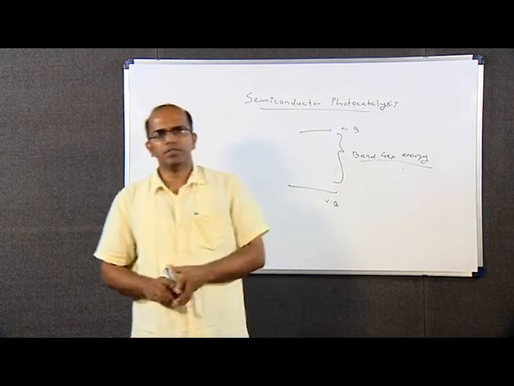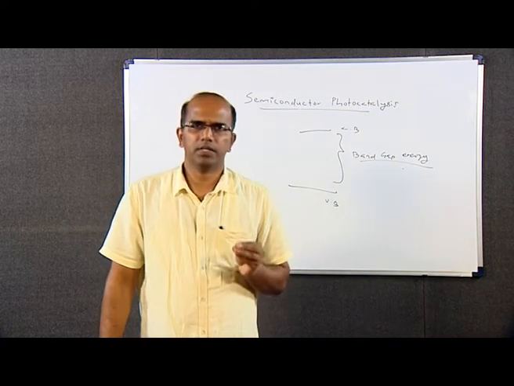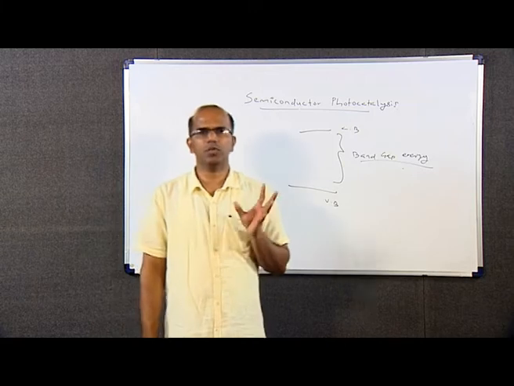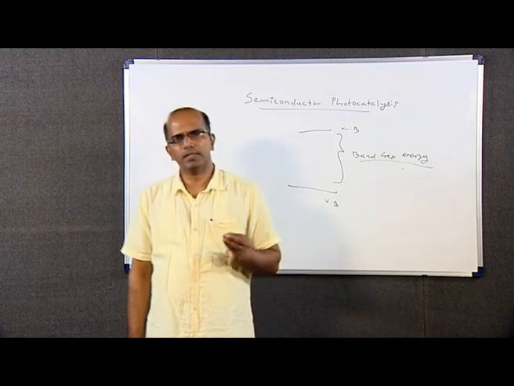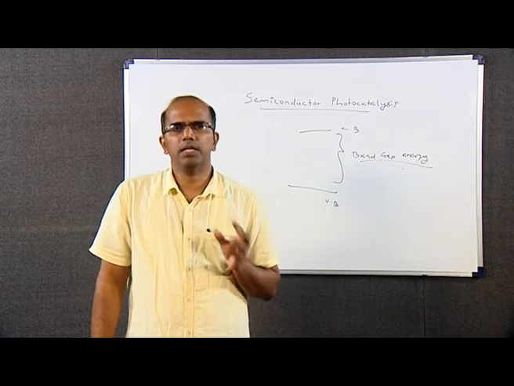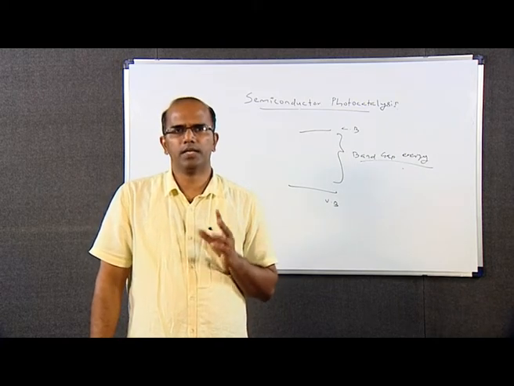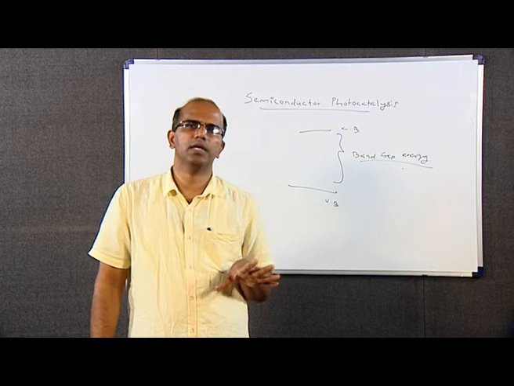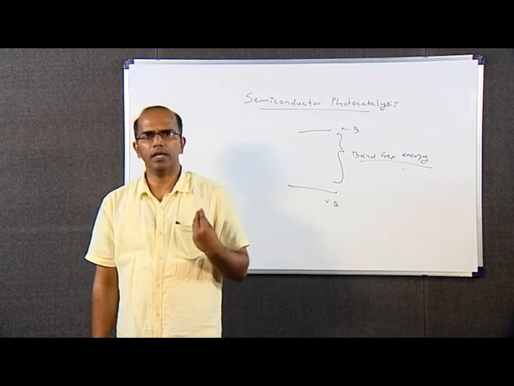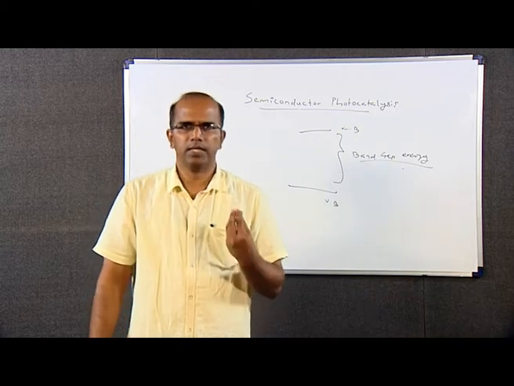Now, catalysis, you know, is a chemical process which happens in the presence of a catalyst. What is a catalyst? A catalyst is a chemical substance which increases the rate of the reaction without undergoing any changes, meaning that after the reaction you can take the catalyst back.